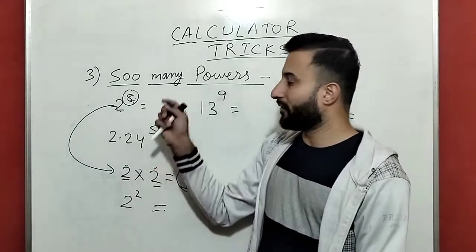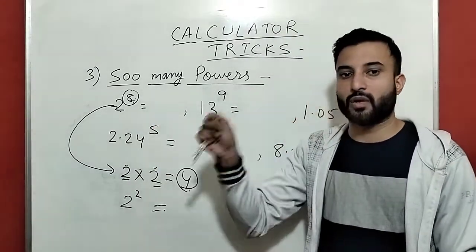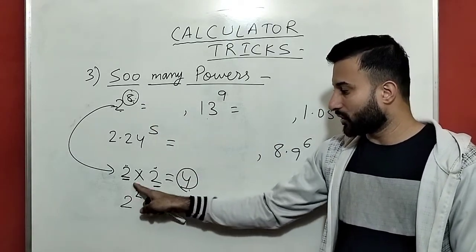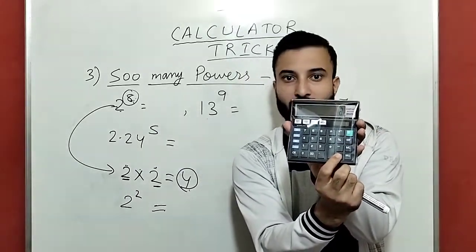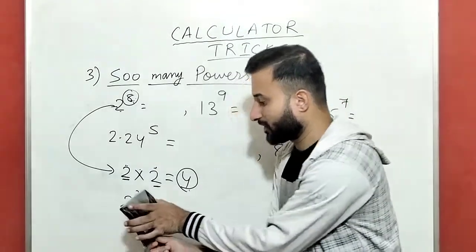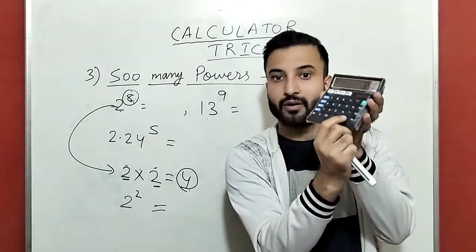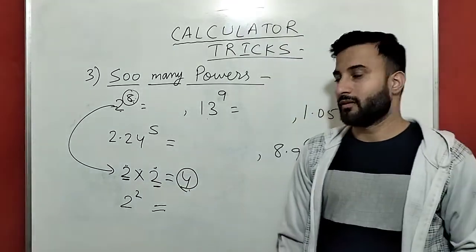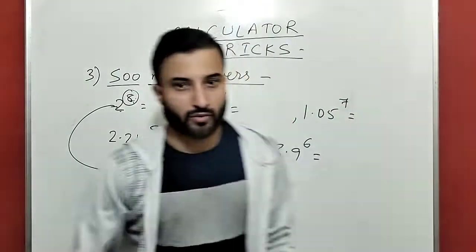But we want 2 power 8. So we have to keep on pressing the equal sign till 8. This is 2 times, we got 4. Now we will press the equal sign 1 time. How much happened? 2 plus 1, 3 times. Then 4, 5, 6, 7, 8. Then you will get 256. Okay.